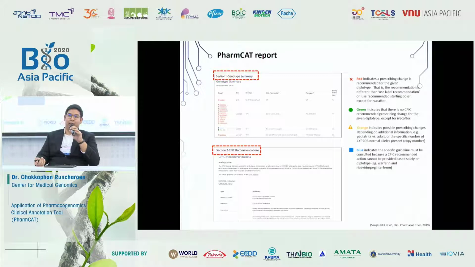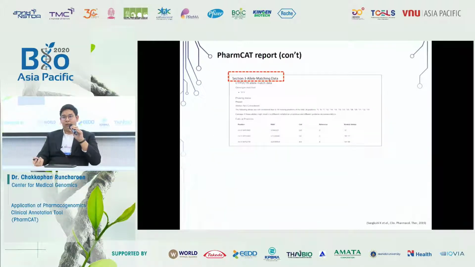The second part is the CPIC recommendation, which will give you the details on how to adjust the dose to treat this kind of genotype. And the third section is the allele matching data.